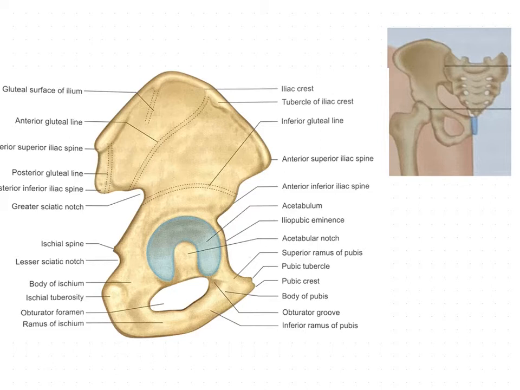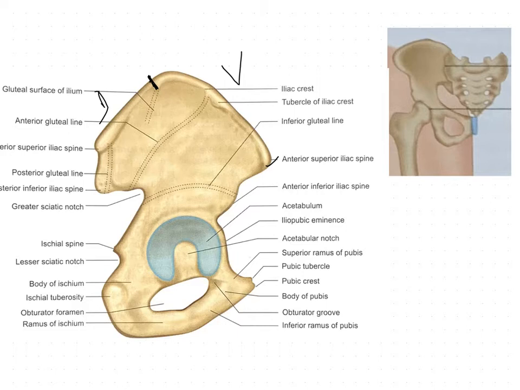So at the posterior aspect, it has 1/3 of the crest, and it has a lateral and medial slope, which is separated by a ridge. Up to here, this is the ventral segment, and this one is the dorsal segment of the iliac crest. So this is about the upper end. Now we'll see the borders.